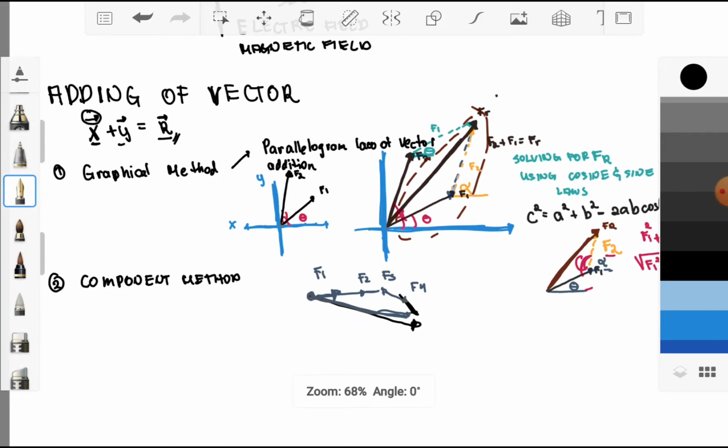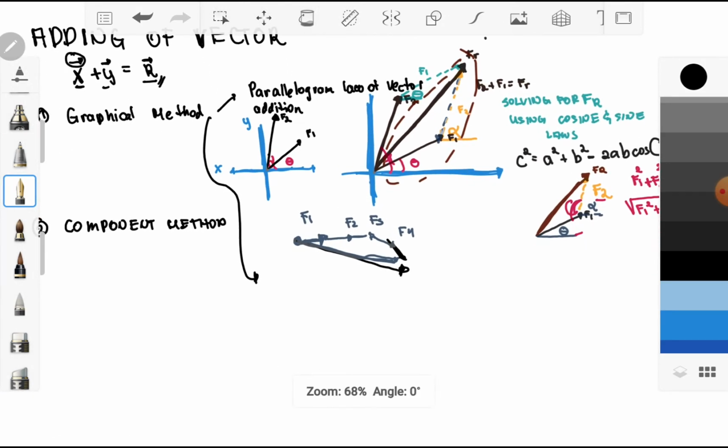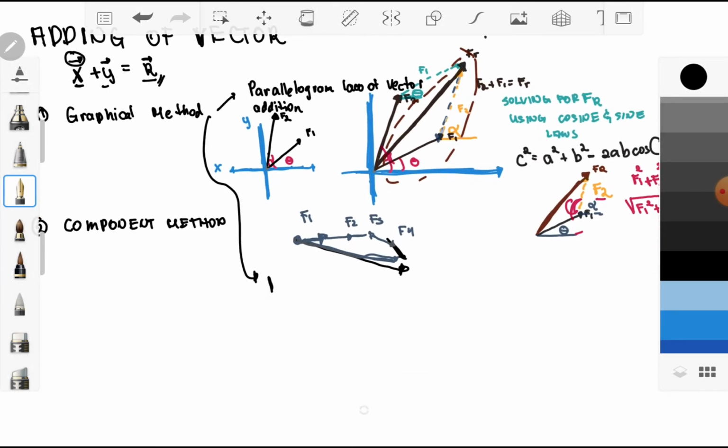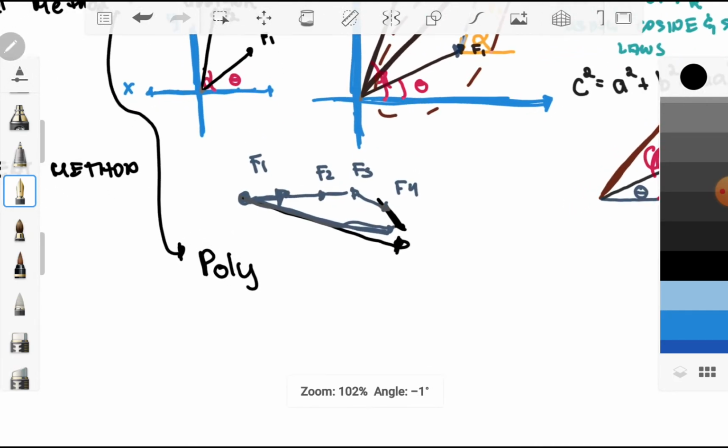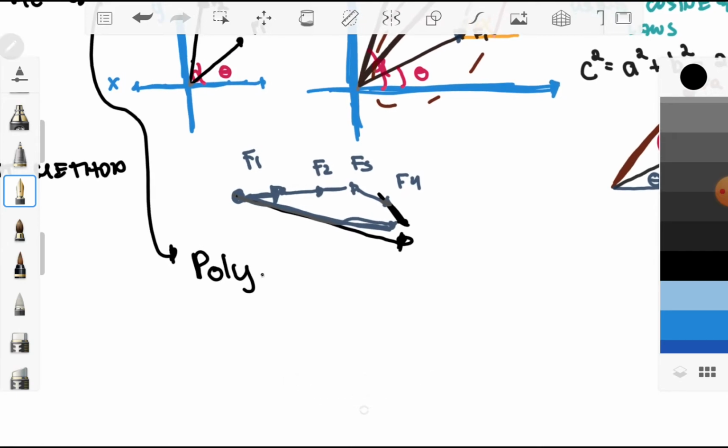So another graphical method is your polygon method. When you talk about your polygon method, okay, polygon.